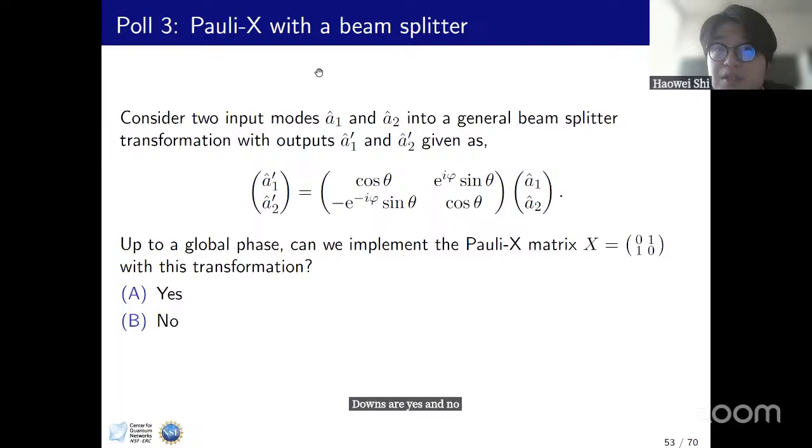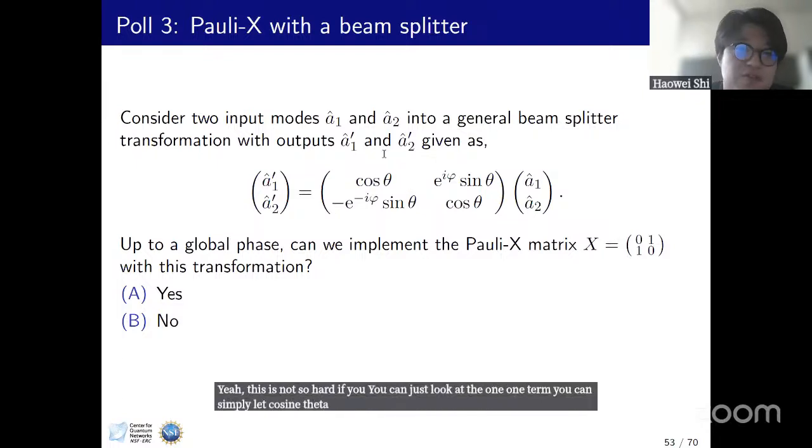Yeah, let me pull up the poll. Yeah, this is not so hard. If you just look at the 1 term, you can simply let cosine theta equal 0, and you can solve the values for theta.